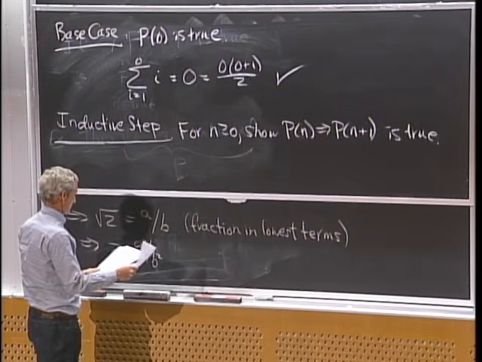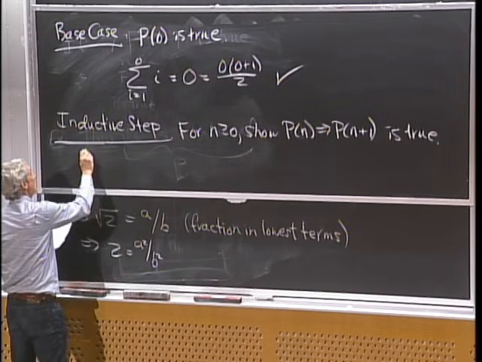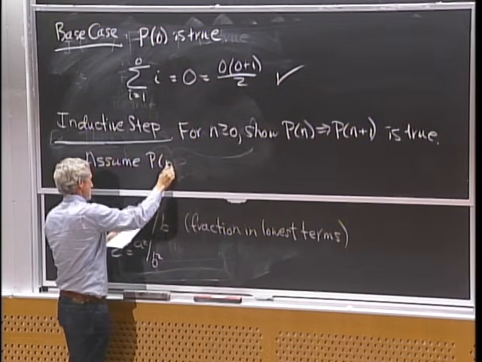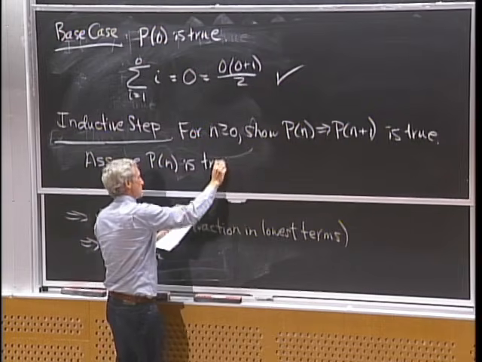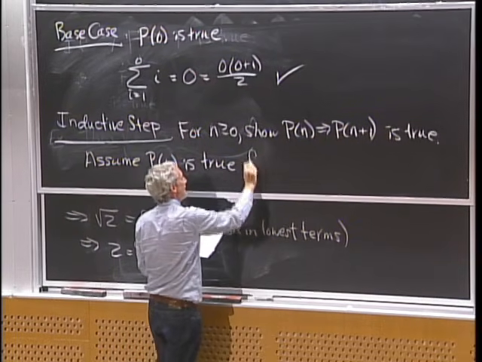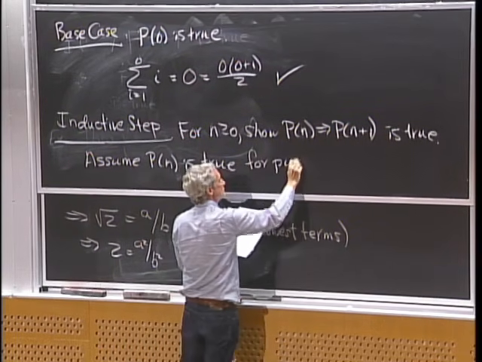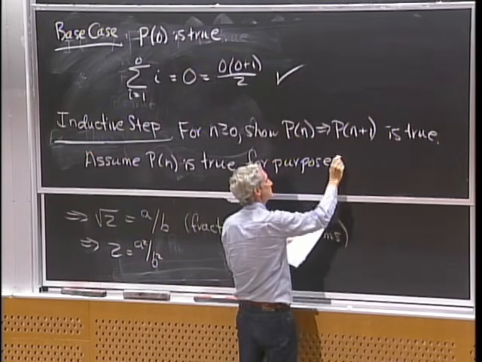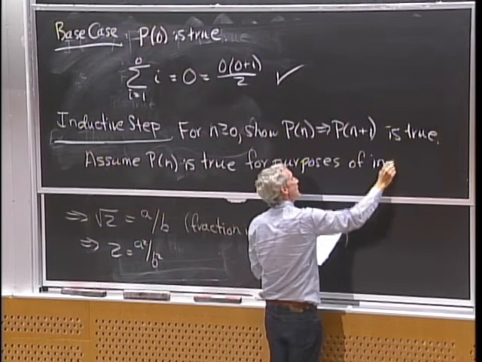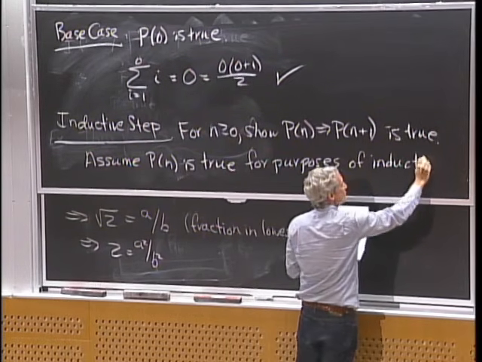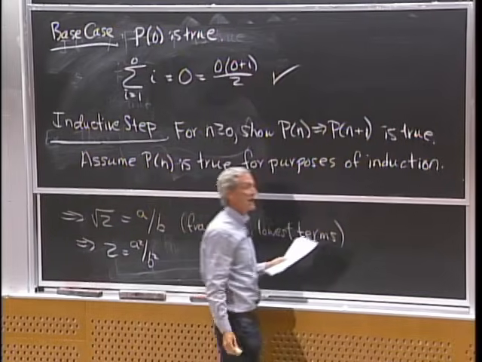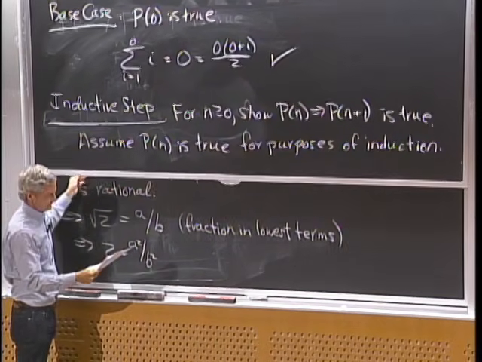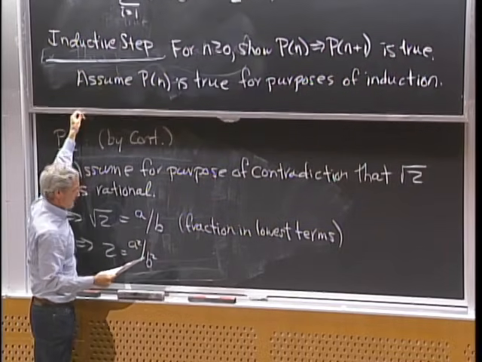All right? So we write that down. Assume Pn is true. And you might also write down for purposes of induction, or purposes of verifying the inductive hypothesis, just to let us know why you're assuming it. In other words, you're not assuming Pn is true for purposes of contradiction. You're assuming it for purposes of induction. All right, let's do that.